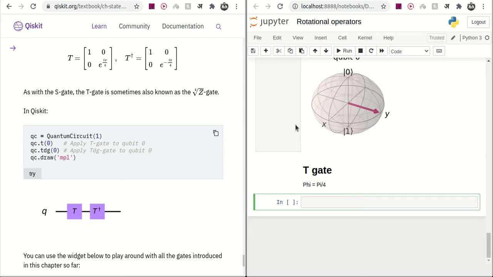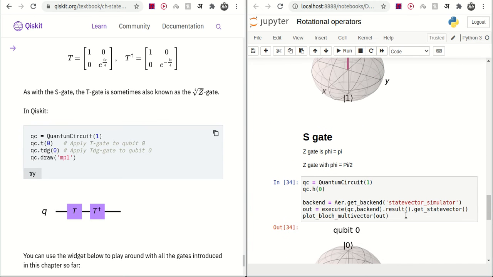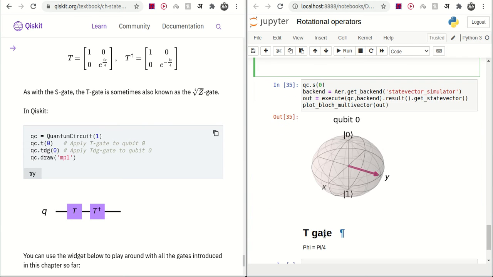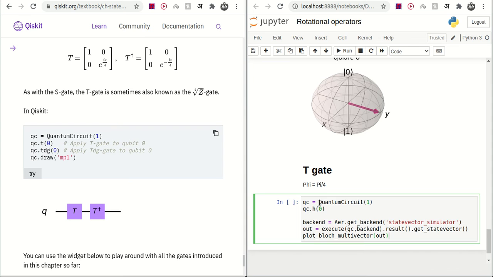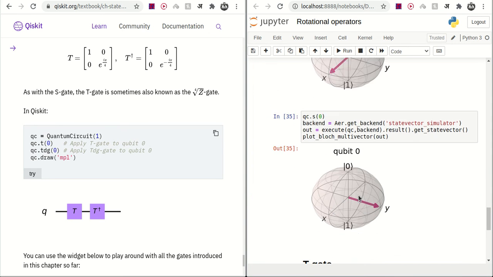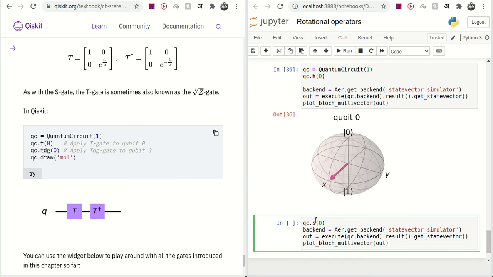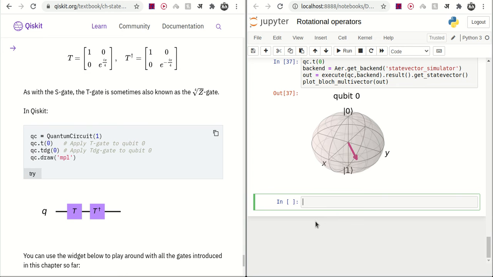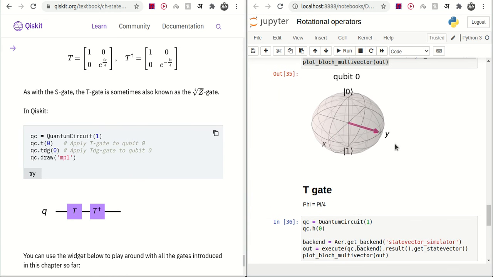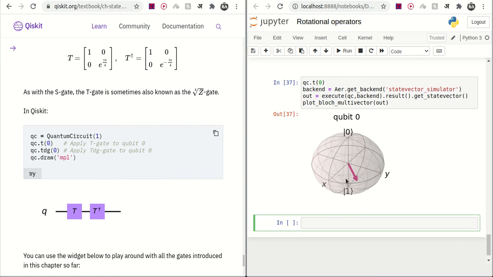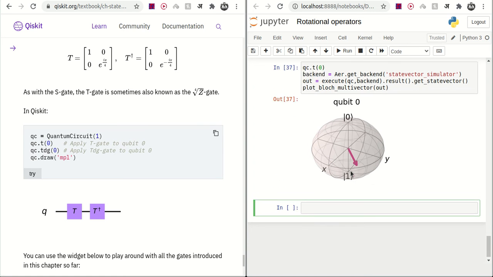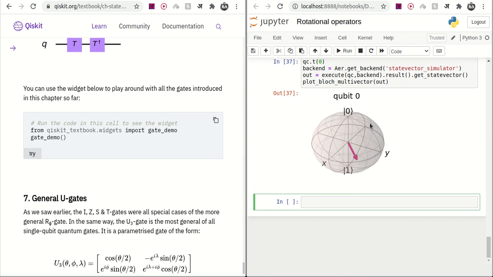Now we use the same example. With S we made a 90° transition, and with T we made a 45° transition, corresponding to pi by 2 and pi by 4.